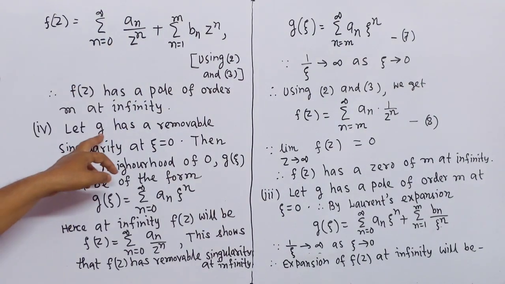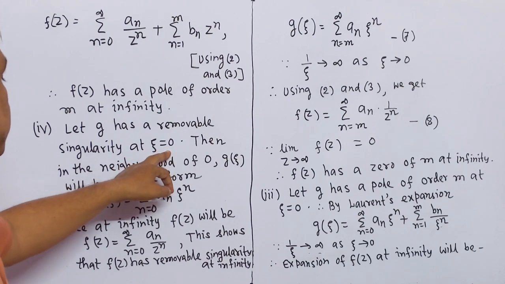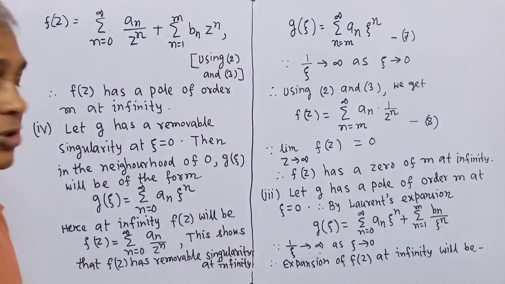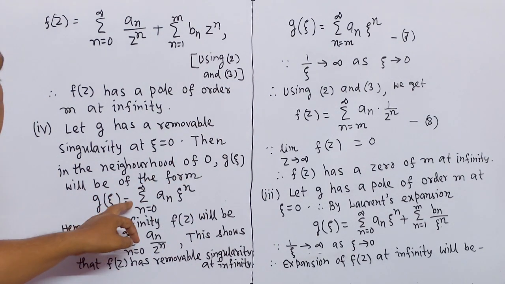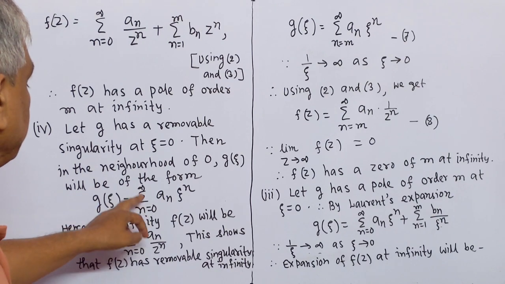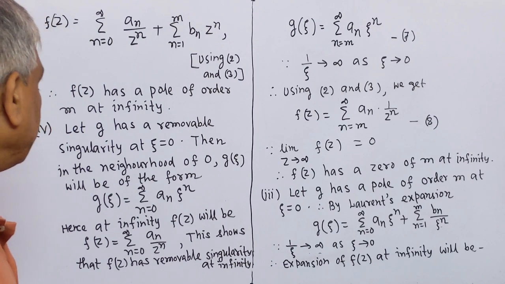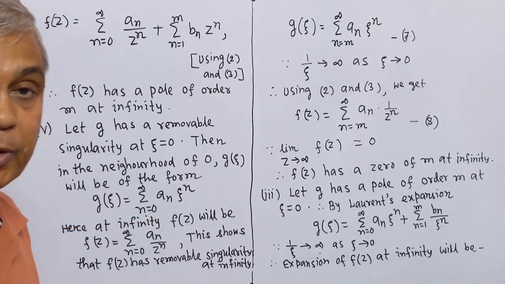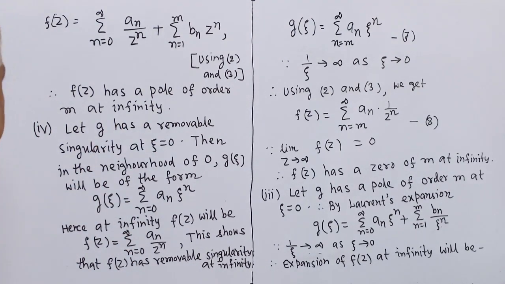Number 4. Let g have a removable singularity at ξ equal to 0. Then in the neighborhood of 0, g(ξ) will be of the form g(ξ) = sigma n equal to 0 to infinity a_n ξ^n. Here we will not get any term in the principal part as it is a removable singularity.